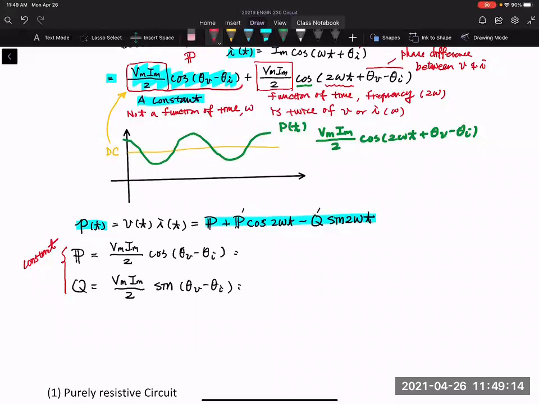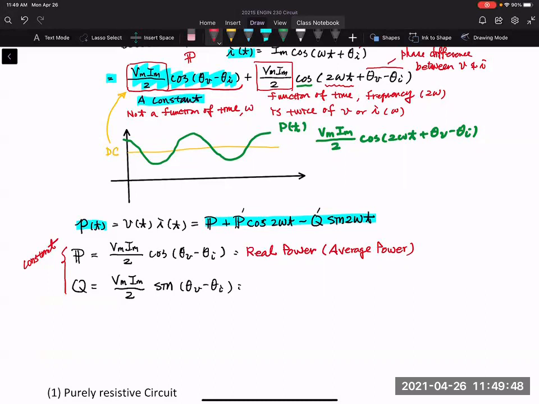And we call these two things with a different name. Well, let me give you the name first, and then we will explain what that is. So this P here represents what we call the real power. Sometimes we will call this the average power. So P is the real power or average power.